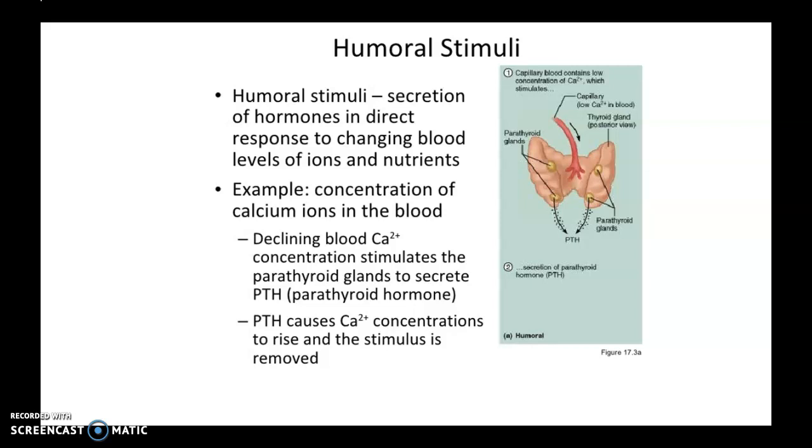So that's humoral stimuli, where a particular hormone is released due to fluctuations in some ions or nutrients in the blood, and release of parathyroid hormone from the parathyroid glands is a classic example of this.